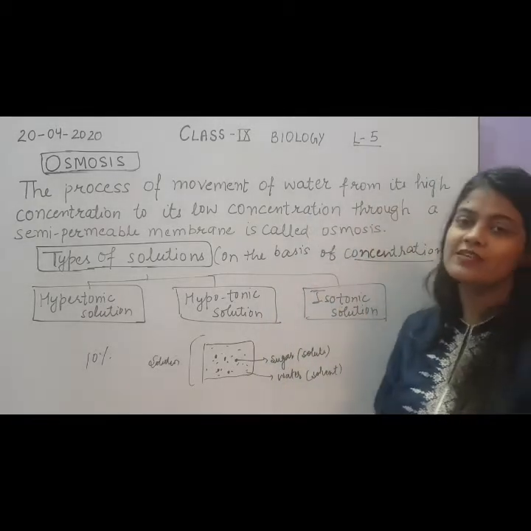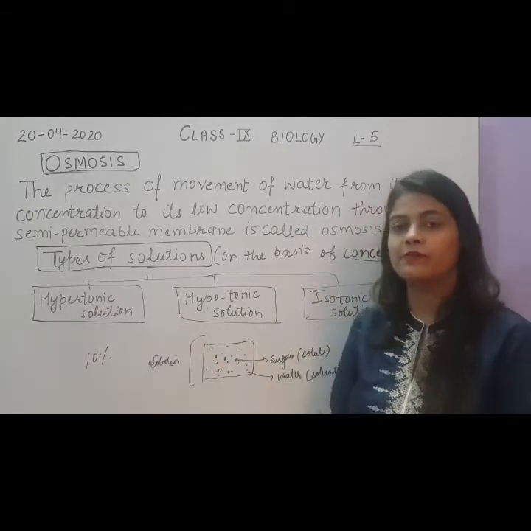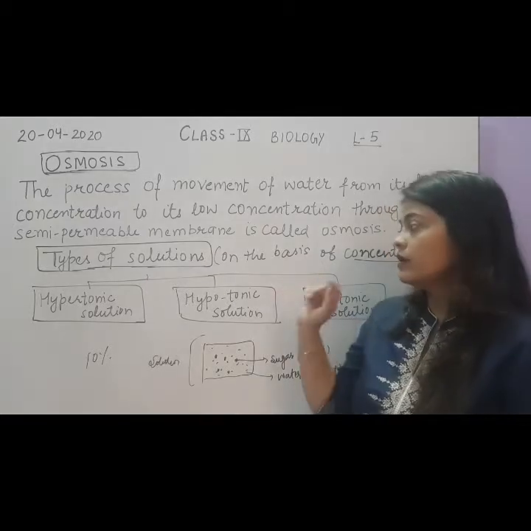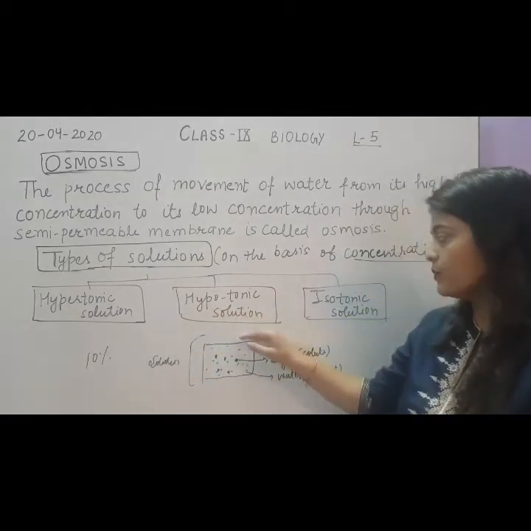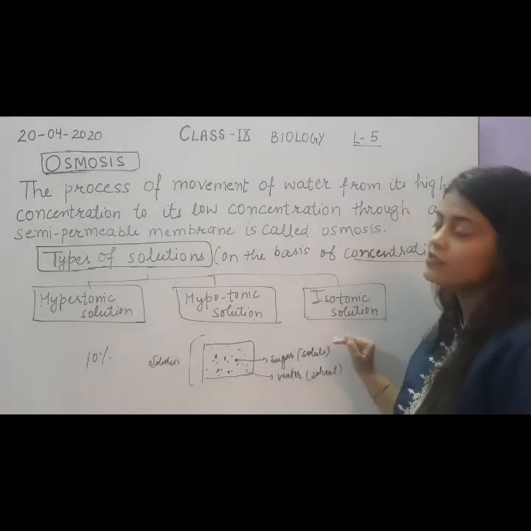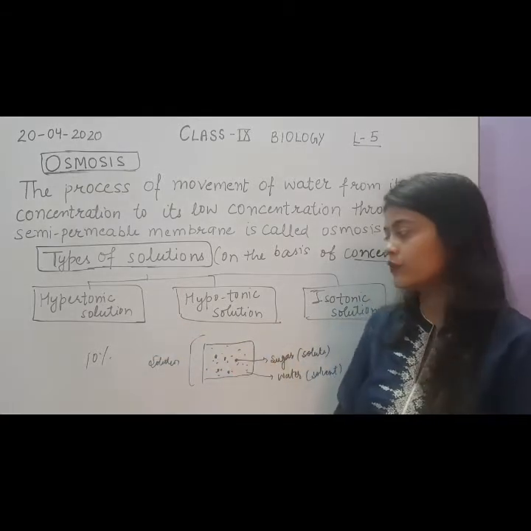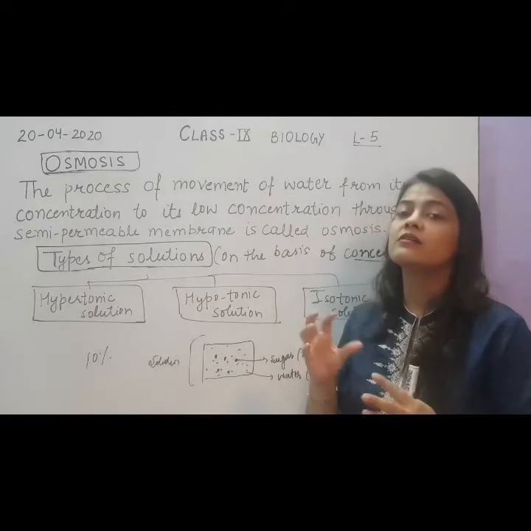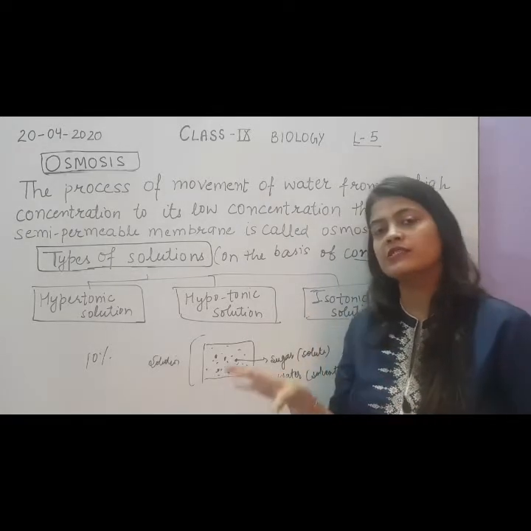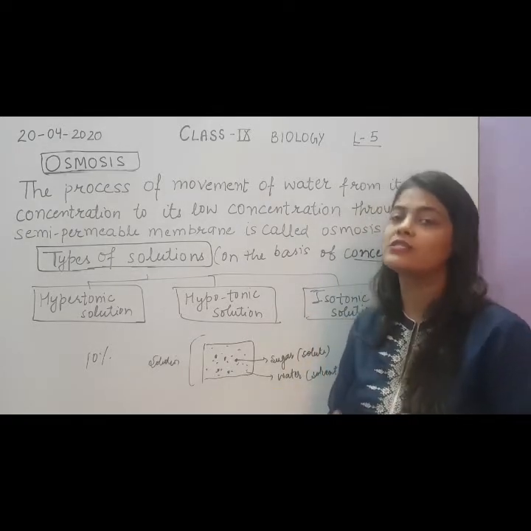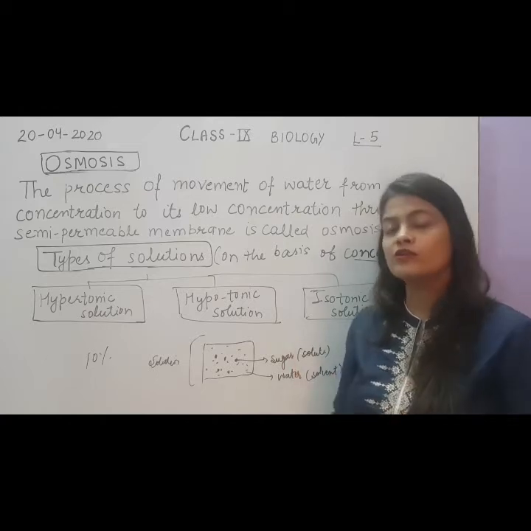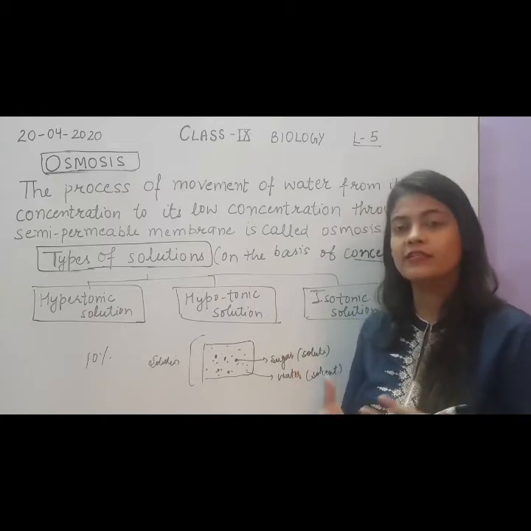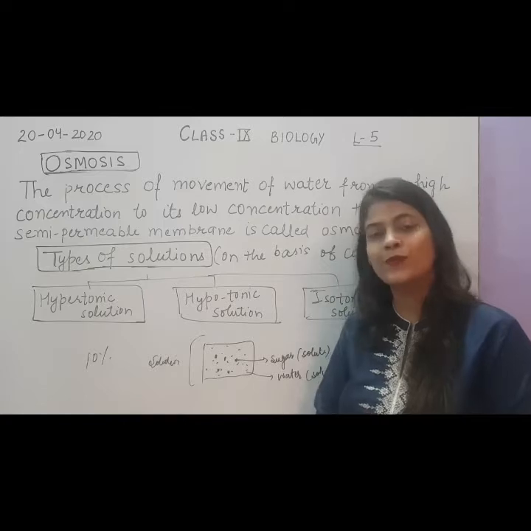And on the basis of this concentration, there are three types of solution: hypertonic solution, hypotonic solution and isotonic solution. Now what is this hypotonic, hypertonic and isotonic? Actually, we compare the concentration of the solution with the concentration inside the cell, because the cell also contains a solvent inside it in the form of water as well as solute particles.